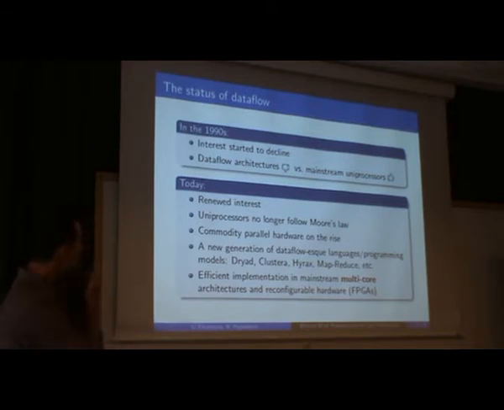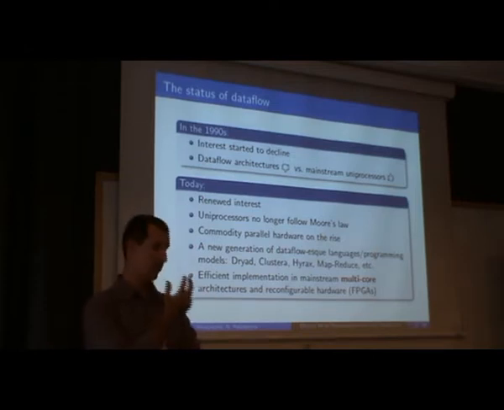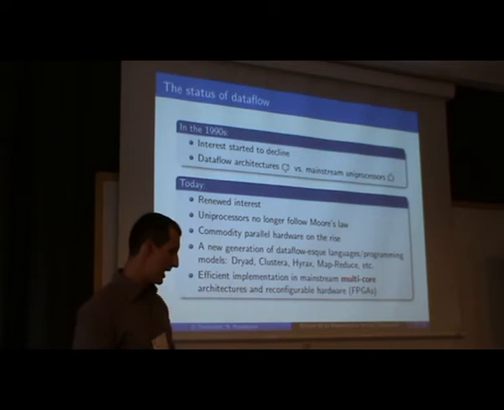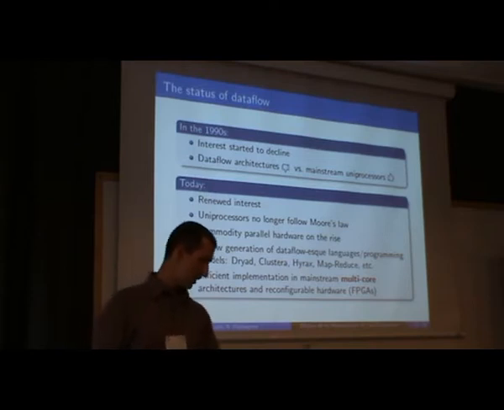On the other hand, there is quite cheap commodity parallel hardware in the form of multi-core machines or distributed machines that talk to each other. And on top of that, there are programming languages and programming models that are quite similar to the Dataflow programming model. Even, for example, MapReduce can be perceived as such a programming model.